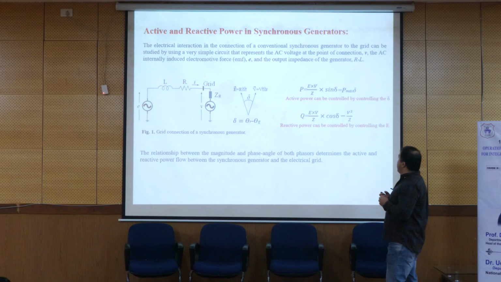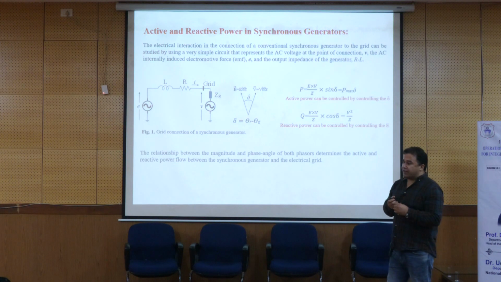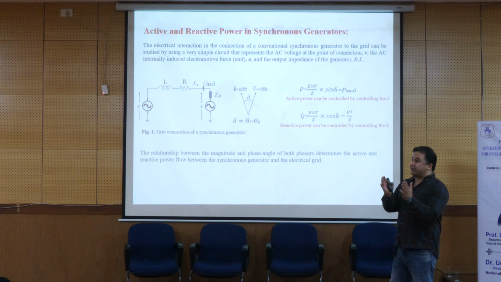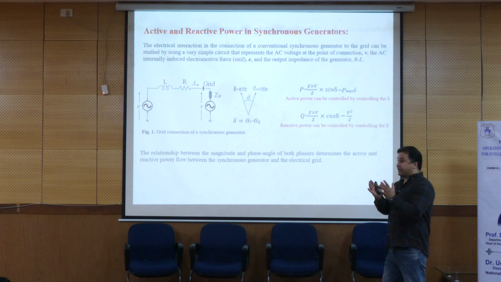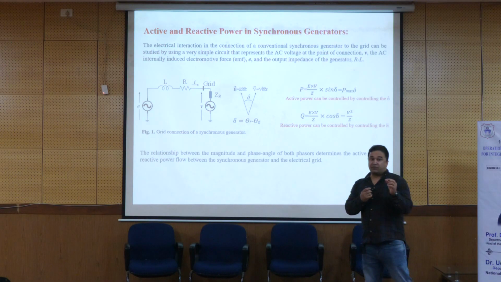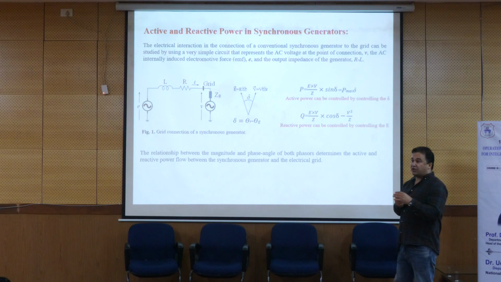So by this assumption, we can consider EV over Z equal to P max, and in some cases where the difference between the angle of the grid and the angle of the synchronous generator is small, we can consider sine delta is equal to delta because it's a very small value.